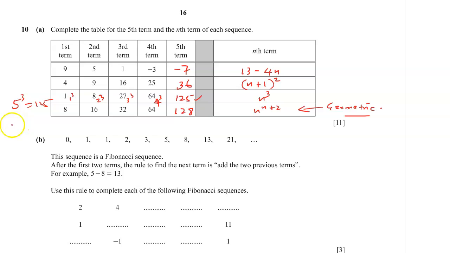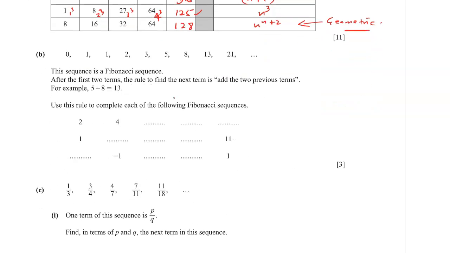This is 2 raised to the power 1 plus 2, so that is 2 cubed, 8, then 16, then 32, then 64. That's all right. There you are.